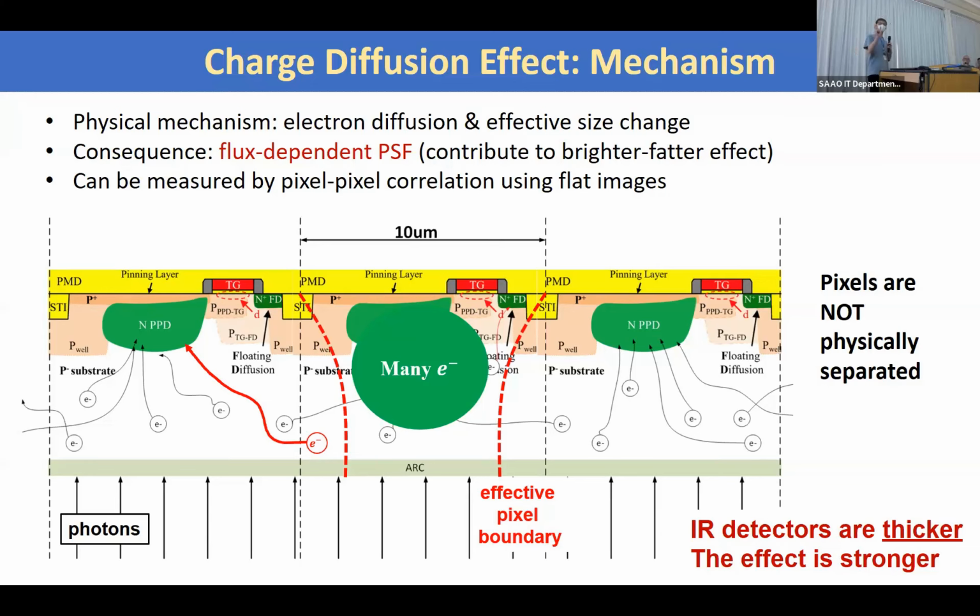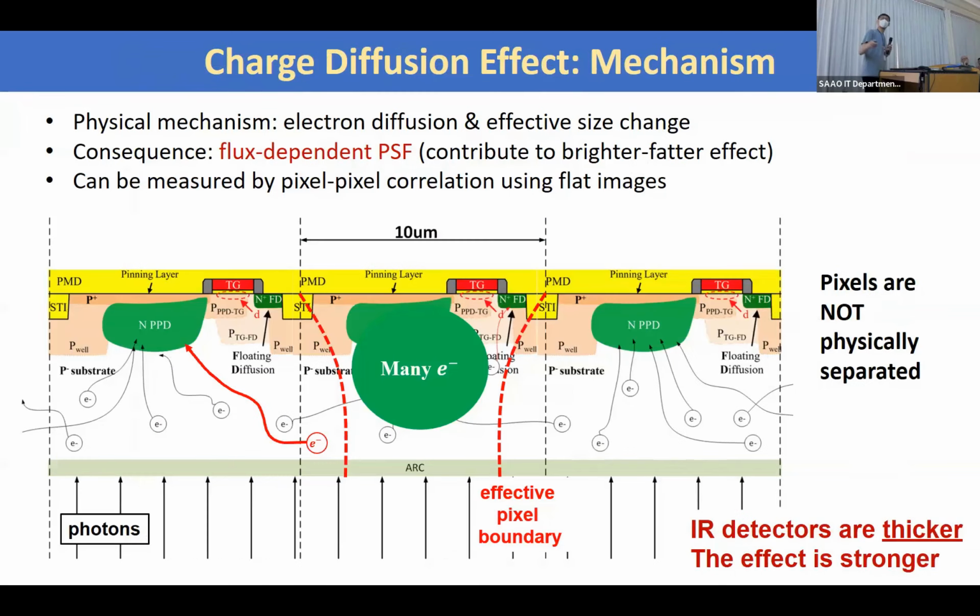So effectively, it makes the pixel boundary smaller, the pixel size smaller. And also, infrared or red sensitive detectors always have thicker pixels because they want to maximize the quantum efficiency. So both effects will be stronger.